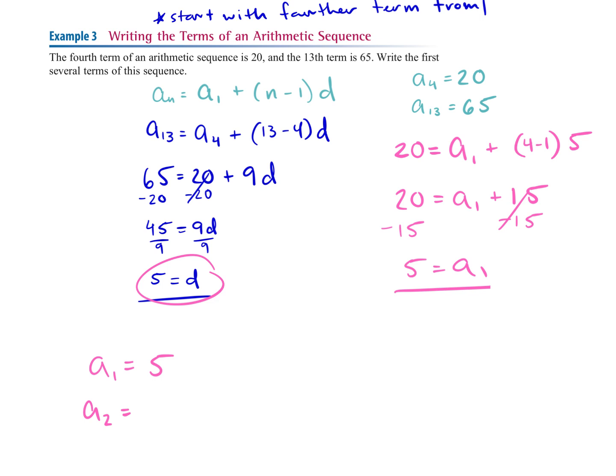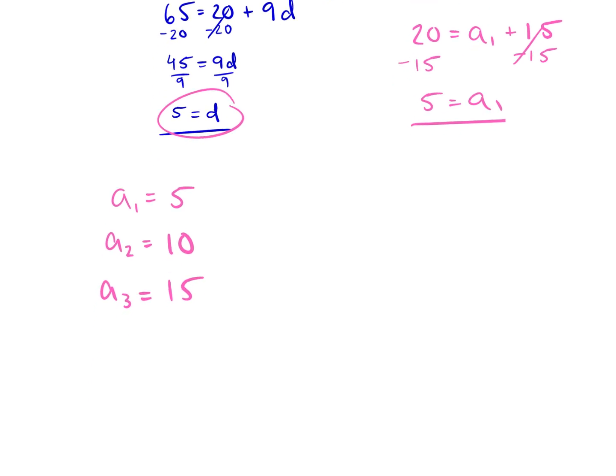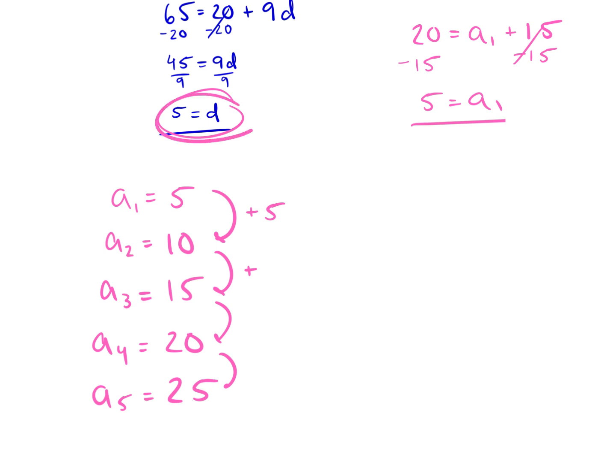So what would A sub 2, our second term, be? 10. What about A sub 3? 15. A sub 4 was given. That was 20. What about A sub 5? 25. We just add our common difference to get from one number to the next. So we're just adding 5, adding our common difference. So this would be the first several terms.